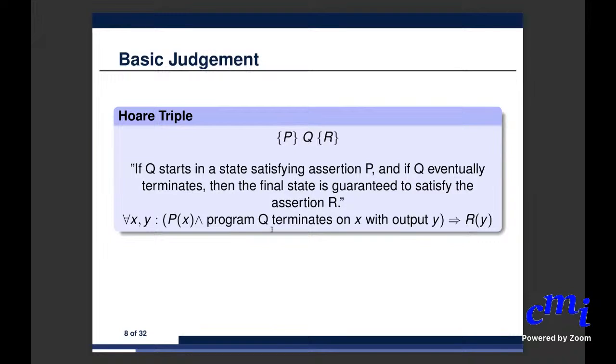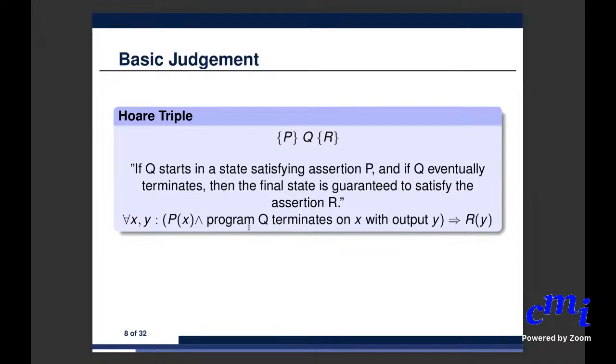So there are two ways in which this can vacuously hold, okay? One is the case in which the program never terminates. Because classical logical implication is true if the antecedent is false.